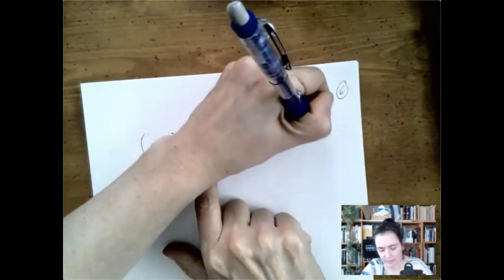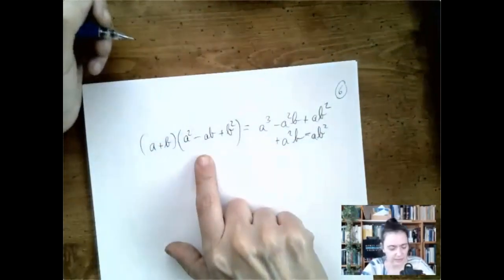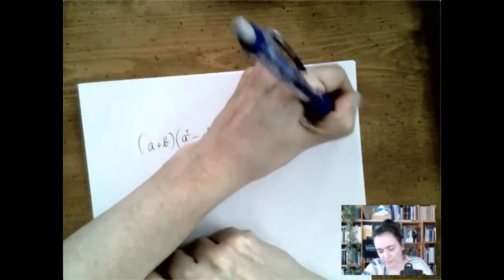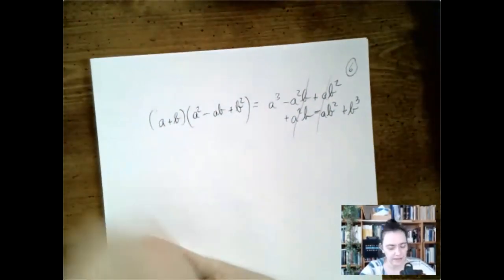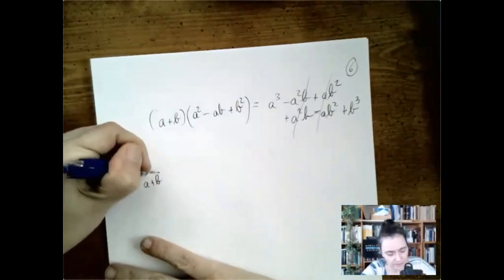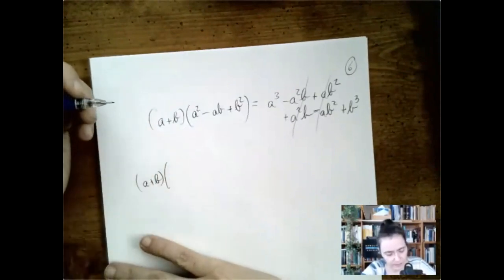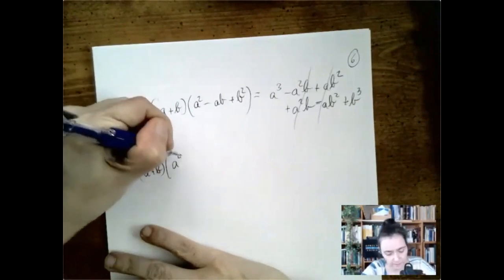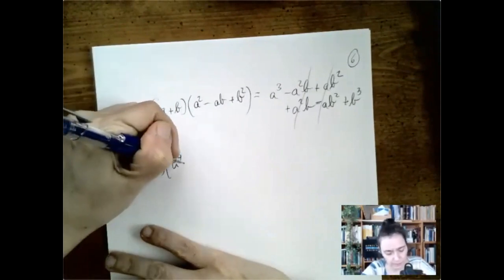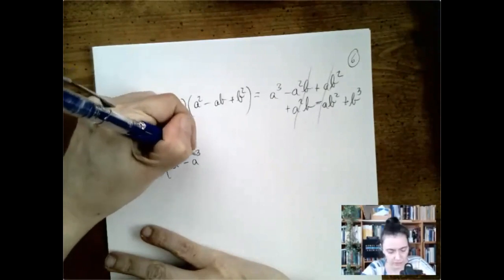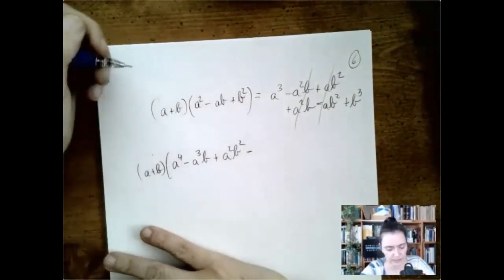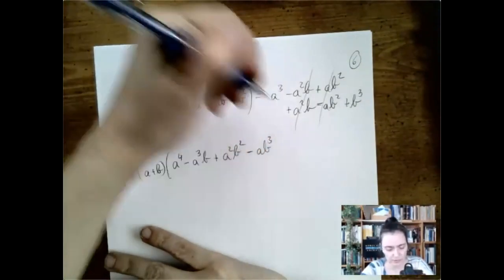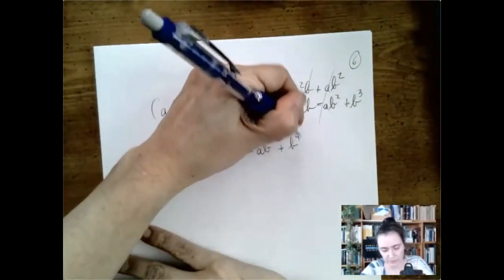Minus ab squared plus b cubed. Cancel, cancel. There it is. Let's see, a plus b to the 5th power: a to the 4 minus a cubed b plus a squared b squared minus ab cubed plus b to the 4.